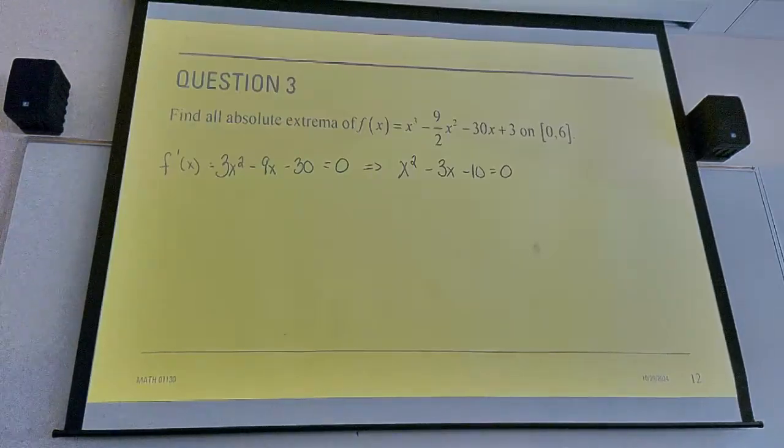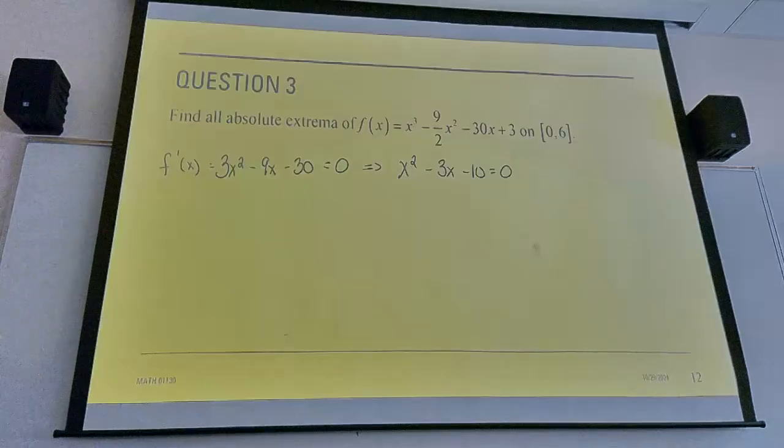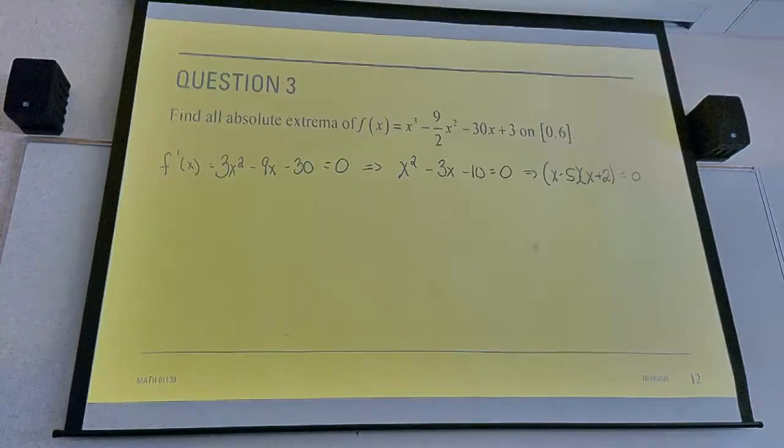Can that be factored? Then the 0 property will ultimately give us this: X is -2, or X is 5.